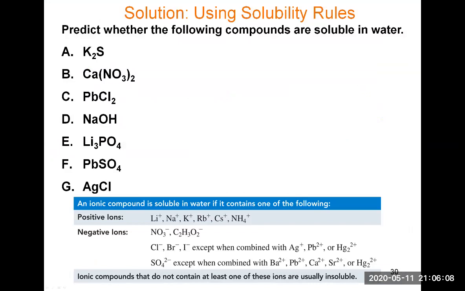So let's start with K2S. According to the table, an ionic compound is soluble in water if it contains one of the following. And so in the positive ions list, there is K plus there, right? Li plus, Na plus, K plus. So that means whenever you have K plus, potassium, it's going to be soluble.